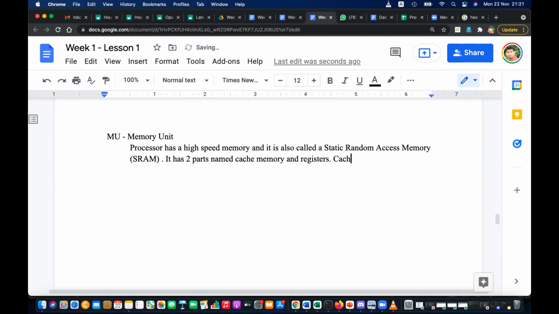Cache memory is divided into level 1, level 2, and level 3.